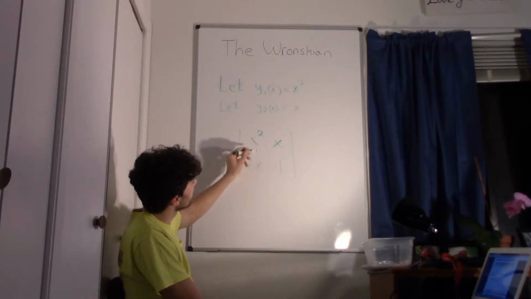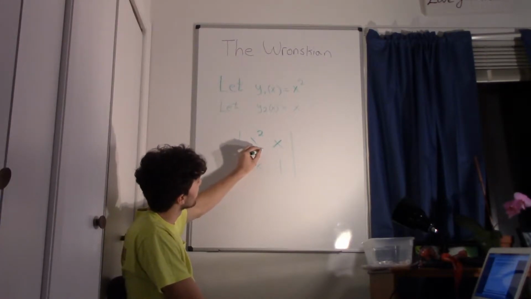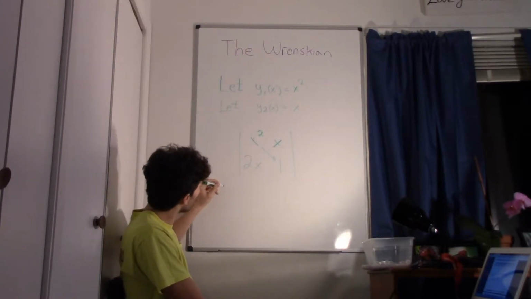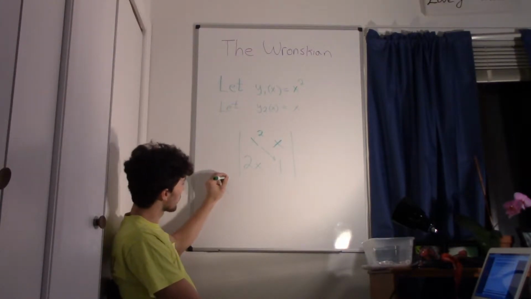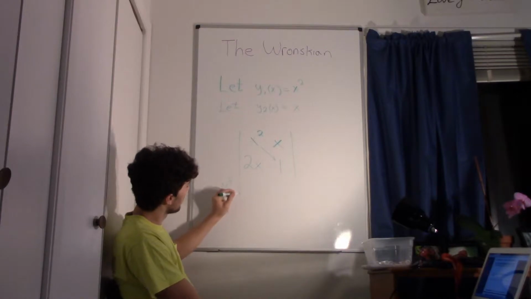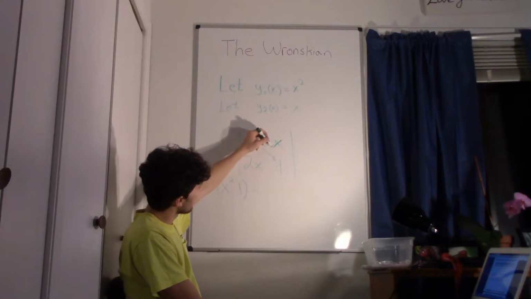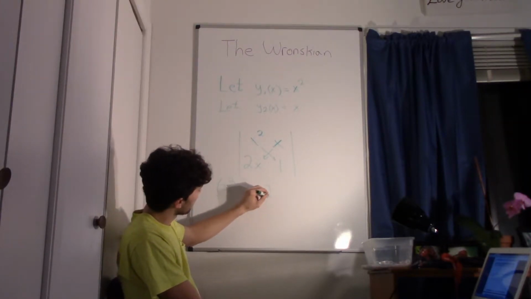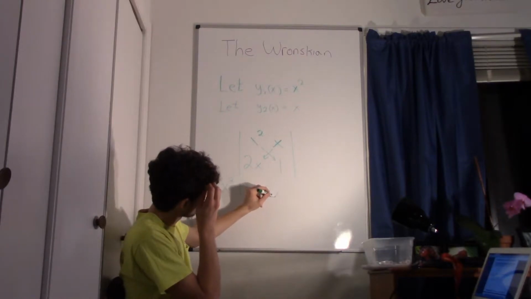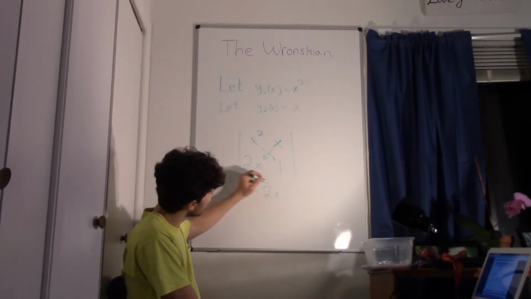Now if we take the determinant of that, we multiply the two corners. So we have x squared times 1, minus x times 2x. This is our basic method of finding the determinant.